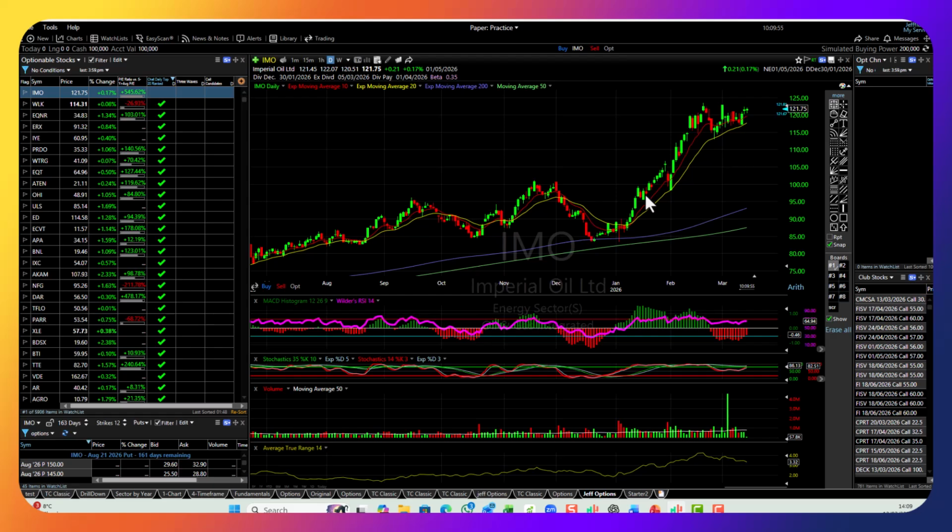And bear in mind, the market at the moment has been very negative, and these things are going up. But you'll also notice that the MACD and the RSI and also the stochastics are looking good on each of these. Let's see a few more.